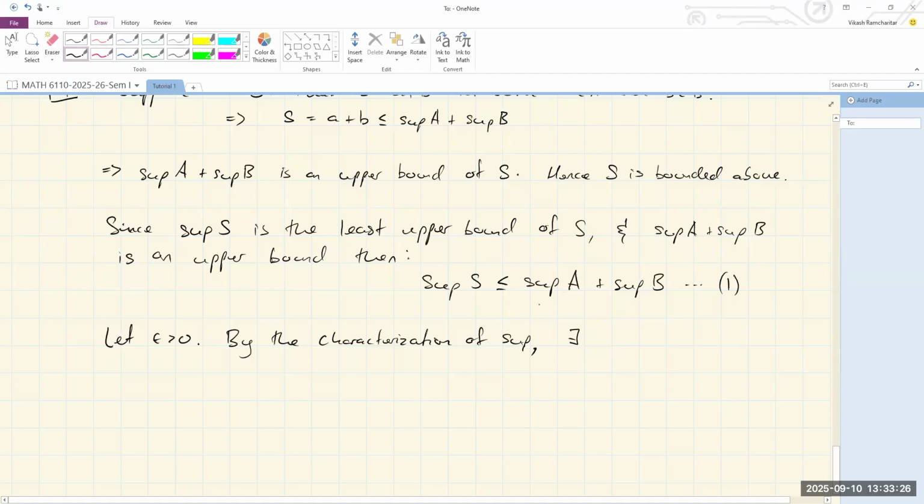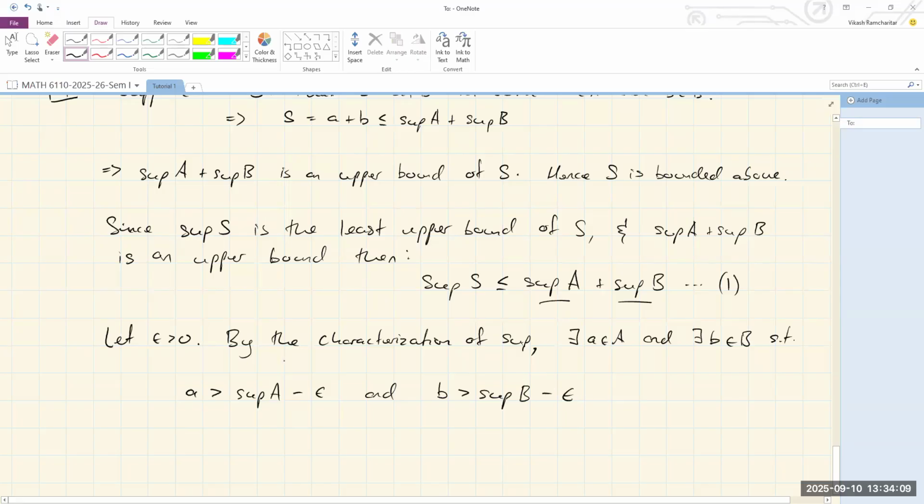Because supremum A is the supremum of the set A and supremum B is the supremum of the set B, for any epsilon there exists an element a in A and there exists an element b in B, for the same epsilon, such that a is bigger than the supremum of A minus epsilon, and same thing for B: b is bigger than the supremum of B minus epsilon.